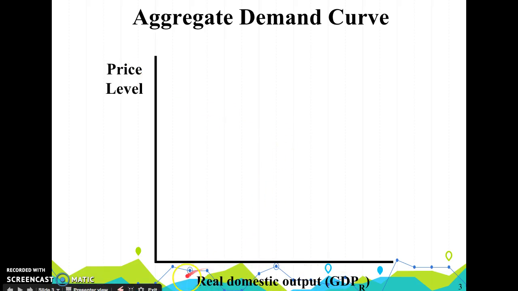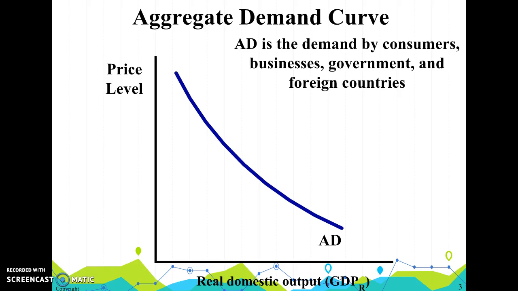And we're not just measuring quantity, right? Because we're measuring everything. So we're going to be measuring real GDP or real output. Output is GDP. So aggregate demand is demand for everything, right? Consumers, businesses, government, and net exports or exports minus imports.